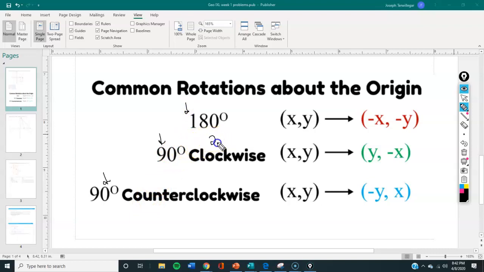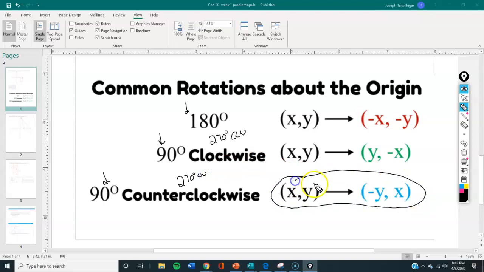And this would be the same as 270 degrees counterclockwise. But for this beast, we want the 90 degrees counterclockwise, which is the same as 270 clockwise. So we're going to take our x and our y coordinate, flip them, and make the first term negative. Okay?